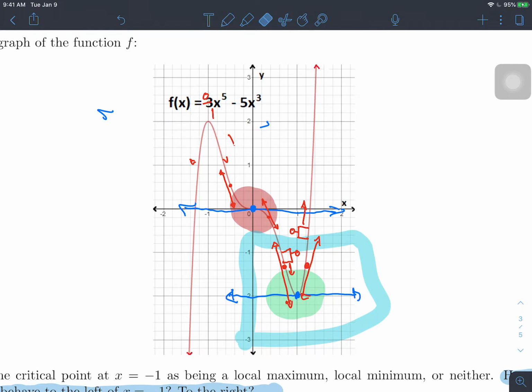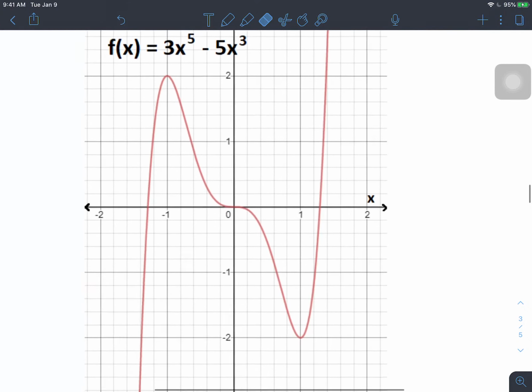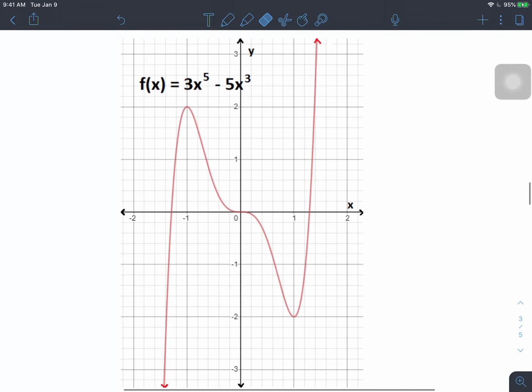And I'm going to see if we can come up with another way to tell whether a critical point corresponds to a local min or a local max. Okay, and it has to do not with the first derivative, but with the second derivative.